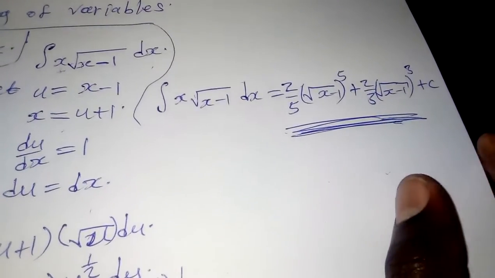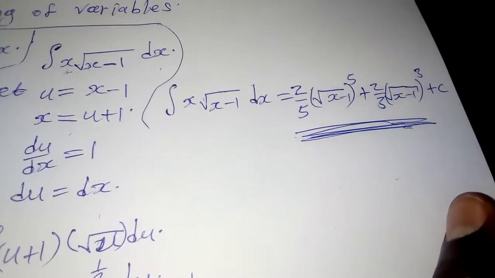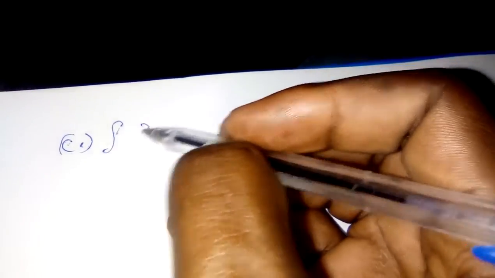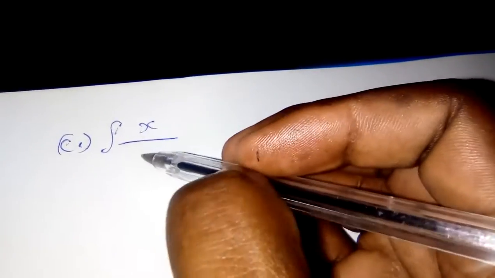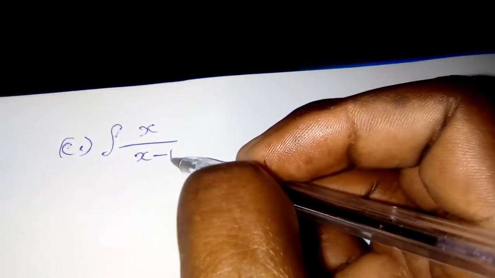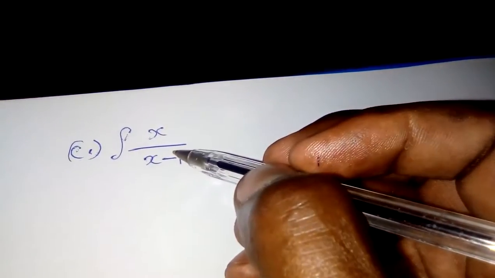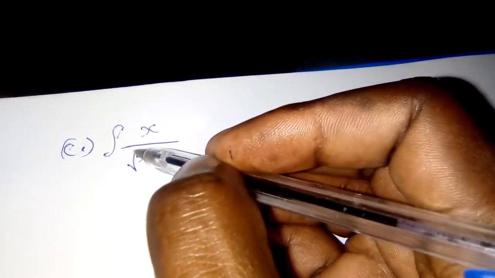We can proceed to the third question, which is C. C is saying the integral of x over the root of x minus 1.